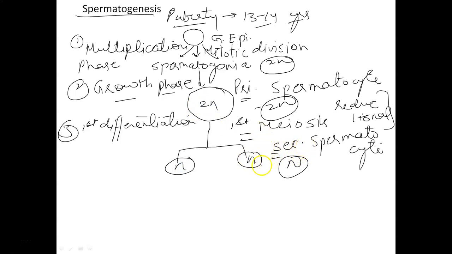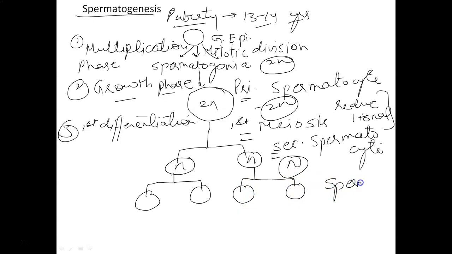Now the second meiotic division. Each secondary spermatocyte will form spermatids. The second meiotic division is the equational one, so the ploidy will be n, n, n, and n. So how many spermatids are formed? 4 in number. 1 spermatogonium, 4 spermatids.